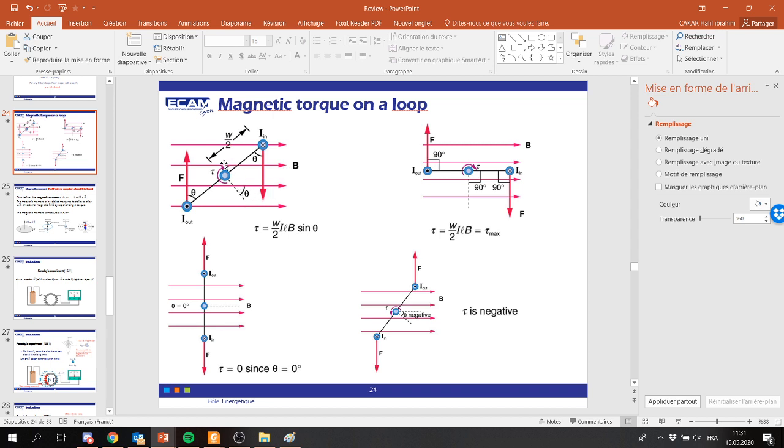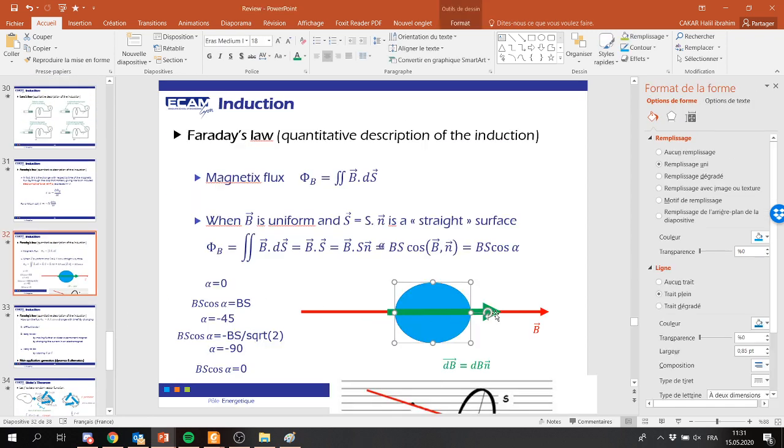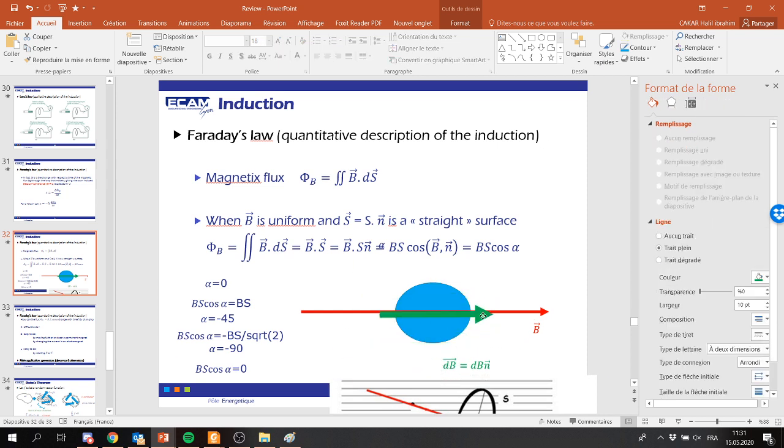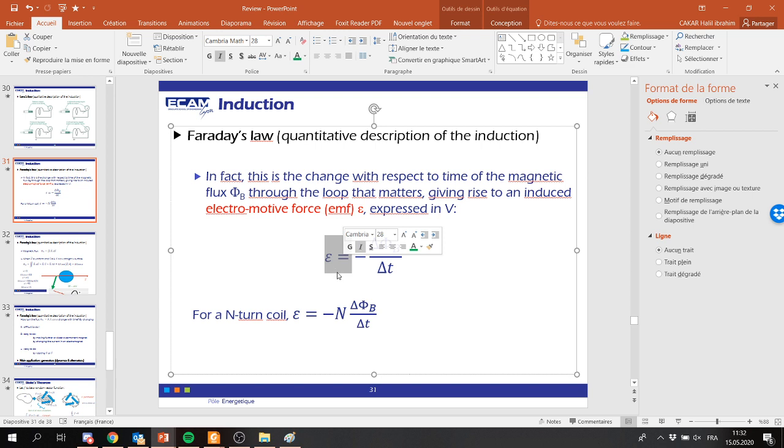Magnetic torque defines a rotation to the system. And this rotation causes the change between the uniform magnetic field as well as the unit vector, which will change the pattern of the induced magnetic flux. And what will happen? It will change the pattern of the induced electrical energy.